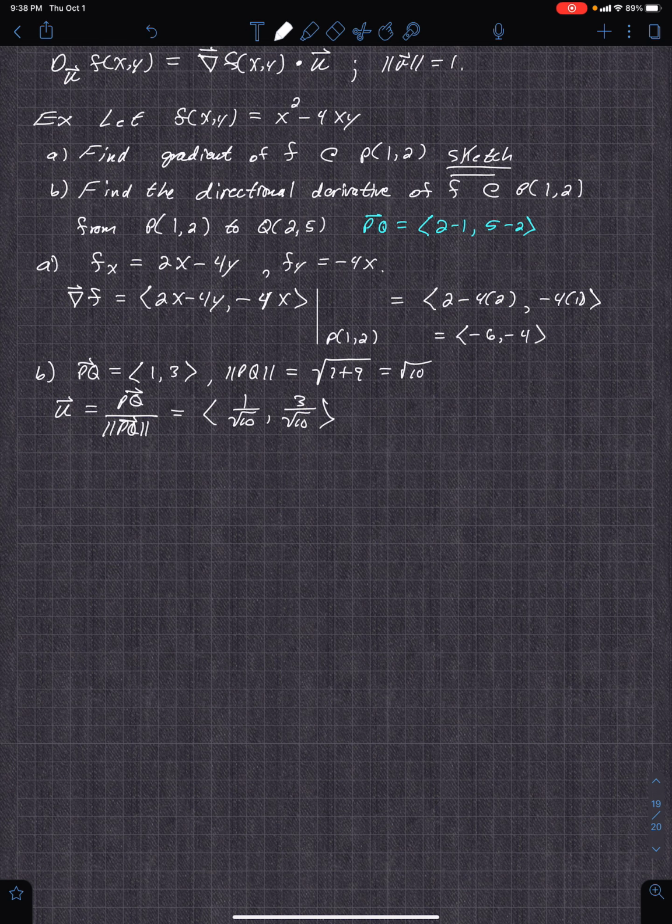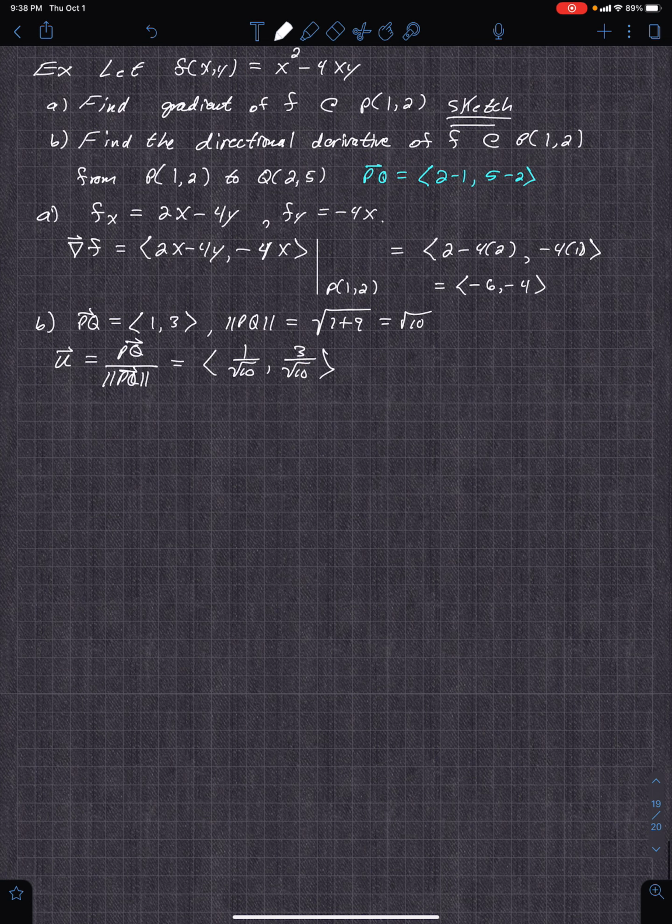Okay. So then find the directional derivative of f at (1, 2) in that direction. We got to do the directional derivative in the direction of u of f at (1, 2). So that's just the gradient of f at (1, 2) dot u.